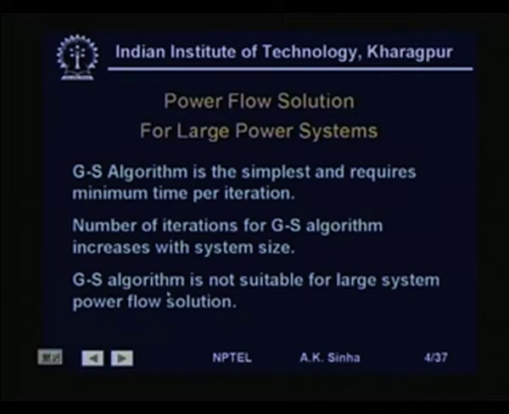Now, what are the types of power flow methods that we have learnt earlier? We have discussed the Gauss-Seidel method for solution of the power flow problem. Then we looked into the Newton-Raphson method. Then we tried to take advantage of the physical property of the power system, where real power and voltage phase angle have a close association, and reactive power and voltage magnitude have a close association.